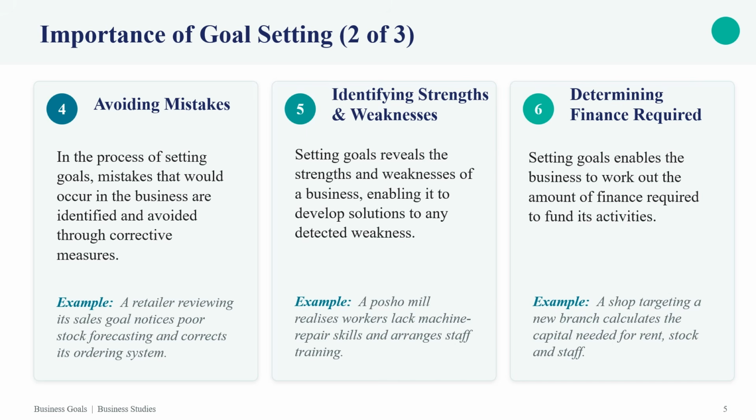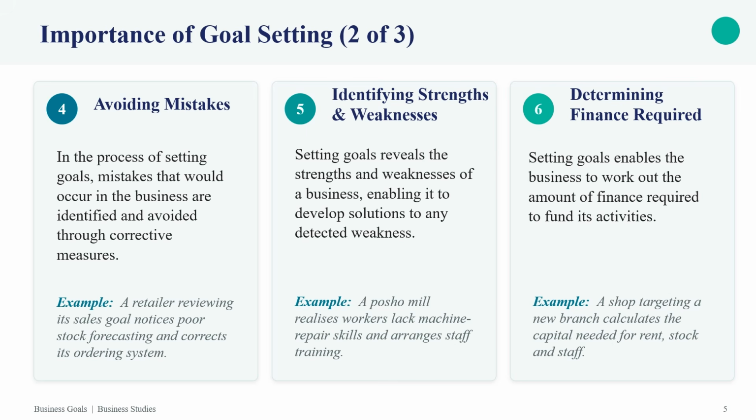An example is a retailer reviewing its sales goal, noticing poor stock forecasting and correcting its ordering system. So once you set your goal, you identify those mistakes early and you create certain measures to avoid them.